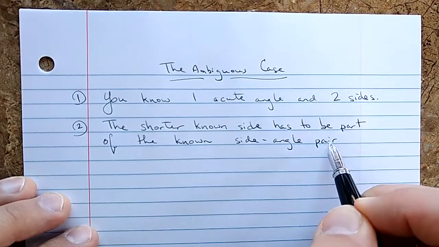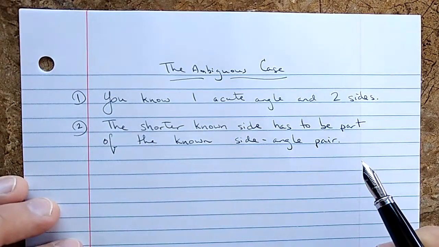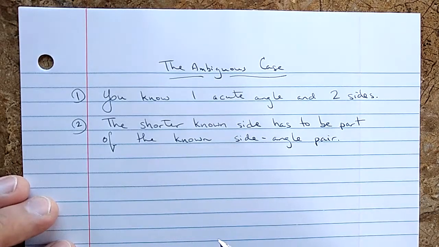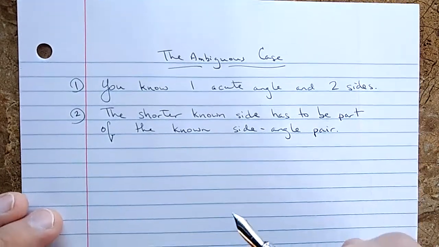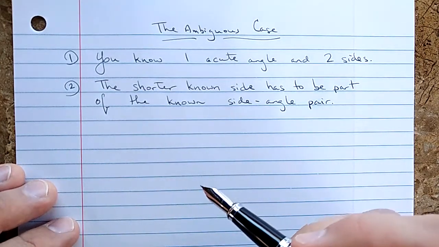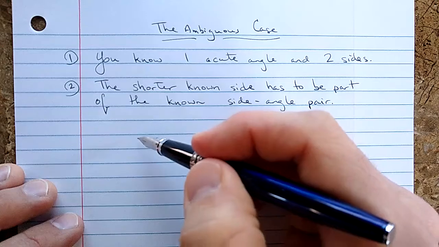Now that's a fancy way of saying it's across from the acute angle. So the short side is across from the acute angle in our sine law situation. So let's draw another situation just like that, and we'll see once again that we have two answers.